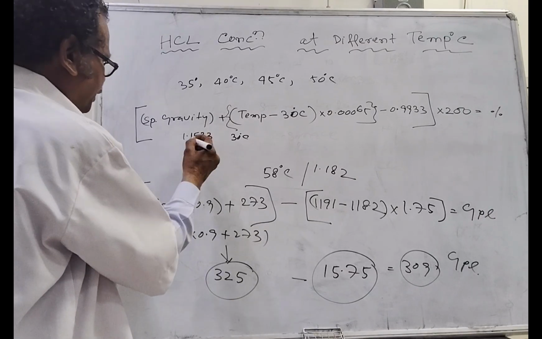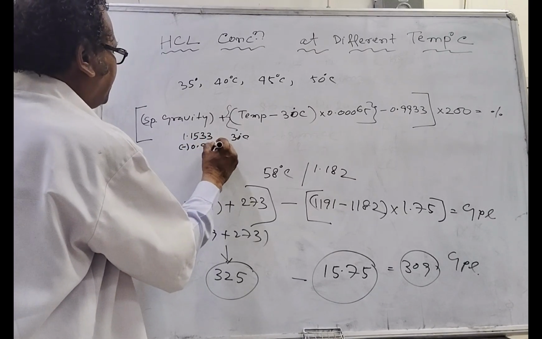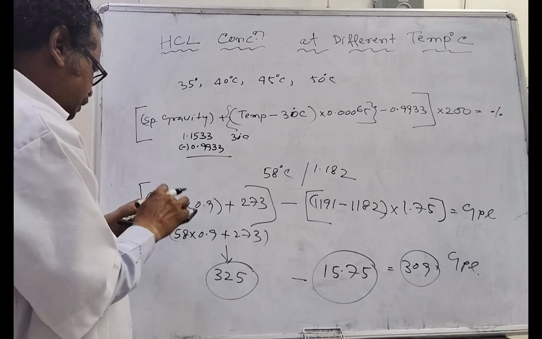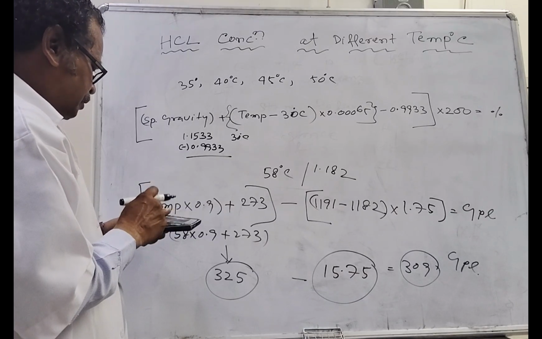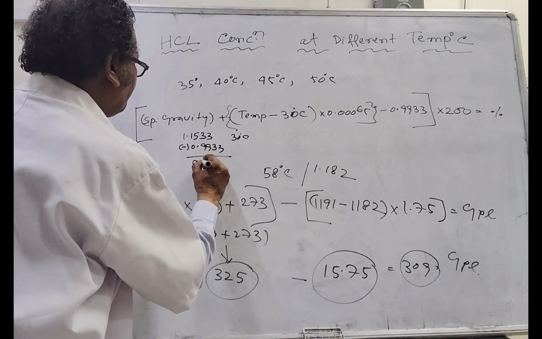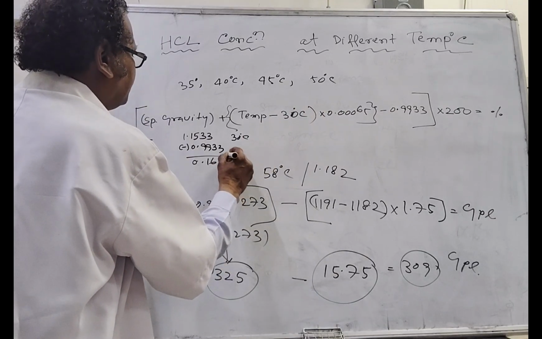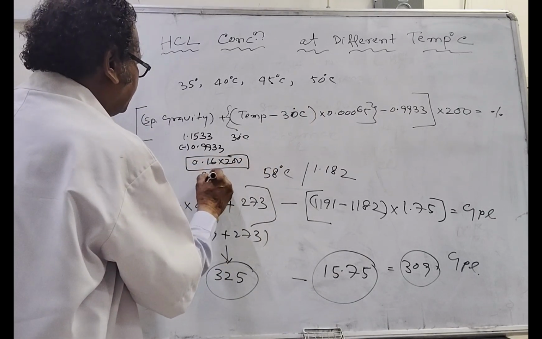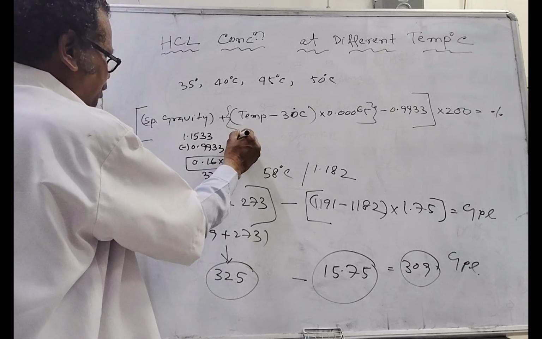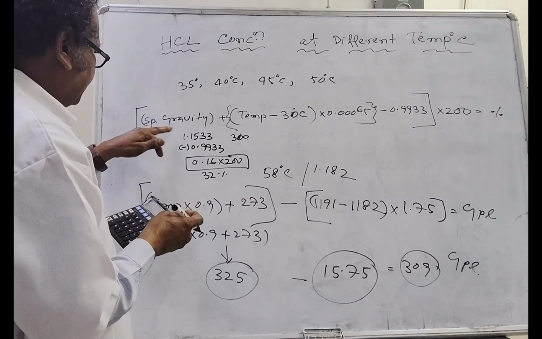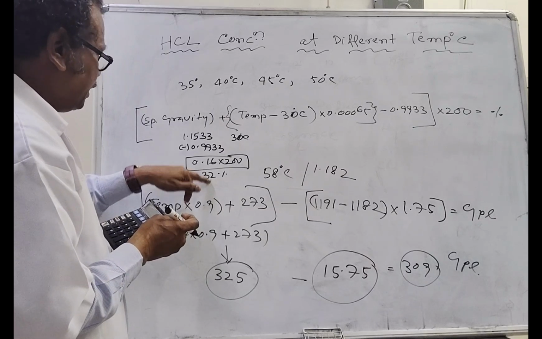So here you subtract 0.9933. Then 1.1533 minus 0.9933 is 0.16, into 200, and you will get 32 percent at 30 degree temperature. If we know density and temperature, we can easily find the percentage of the HCl at different temperatures.